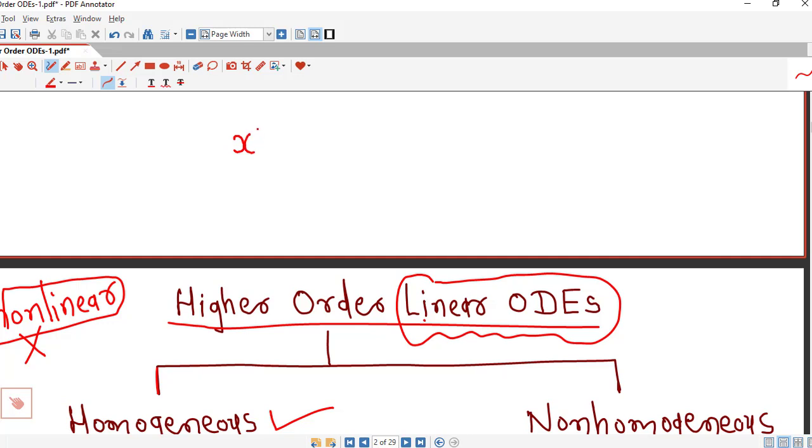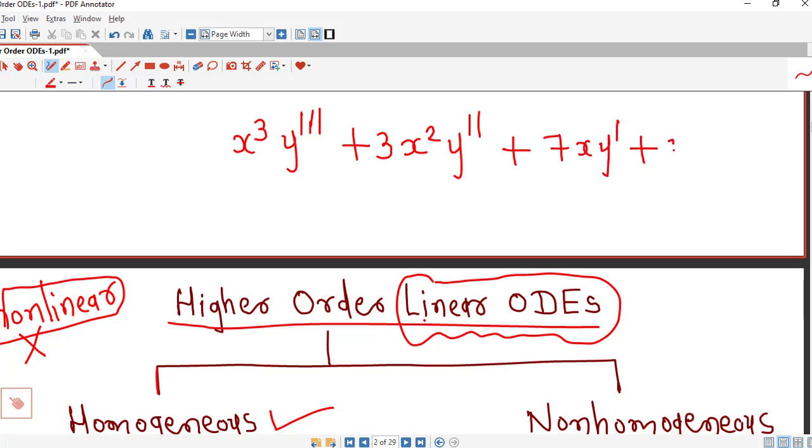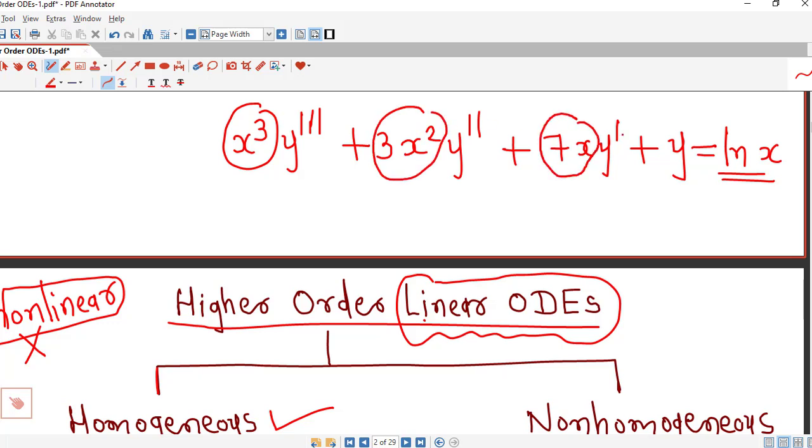For example, if we consider this equation, x cube into the third order derivative of y plus 3x square into y double dash plus 7x into y dash plus y equal to, say, log x, then this is a linear differential equation. Again, because the right hand side is non-zero, it is a non-homogeneous linear differential equation. Now we check the coefficients. The coefficients are not all constants.